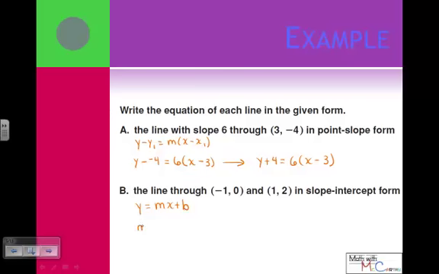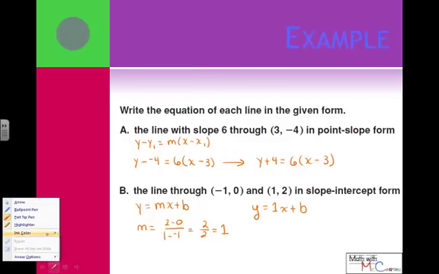The very first thing I need to find is the slope. The slope is the change in y, or 2 minus 0, over the change in x, 1 minus negative 1. So we end up with 2 over 2, so the slope is 1. That gives us the equation y equals 1x plus b. Now to find b, what we usually do is choose one of our points.